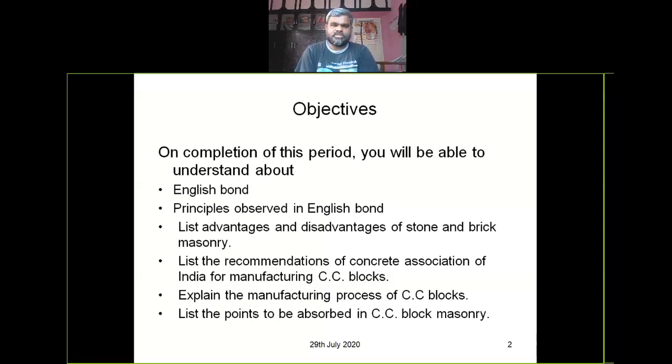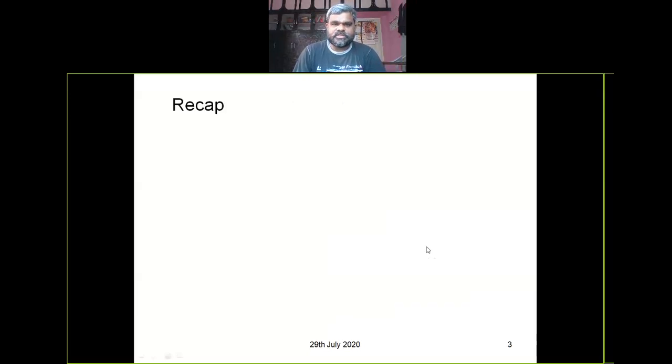The CC blocks concept is not in the syllabus, but from a knowledge point of view, we have to have acquainted knowledge about CC blocks also. Nowadays, instead of stone and red bricks, CC blocks, fly ash blocks, and lightweight bricks are popularly used. So we have to be acquainted with CC blocks also, right?